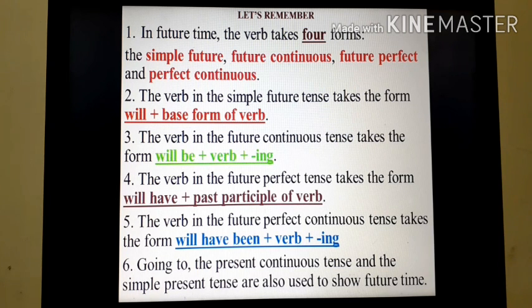Fourth, the verb in the future perfect tense takes the form will have plus past participle of verb. Fifth, the verb in the future perfect continuous tense takes the form will have been plus verb plus ing. Number 6, going to, the present continuous tense and the simple present tense are also used to show future time.